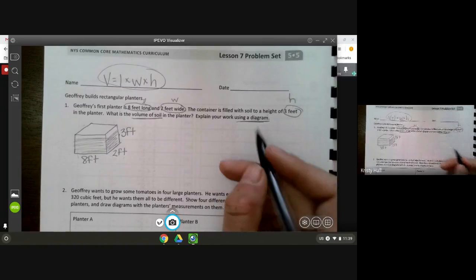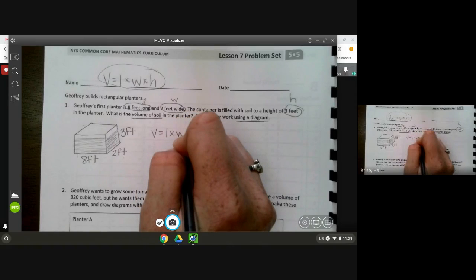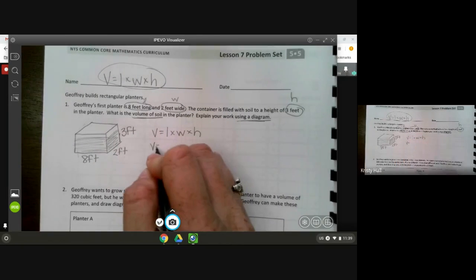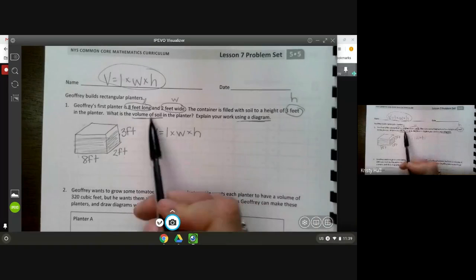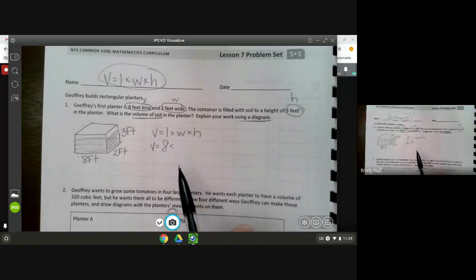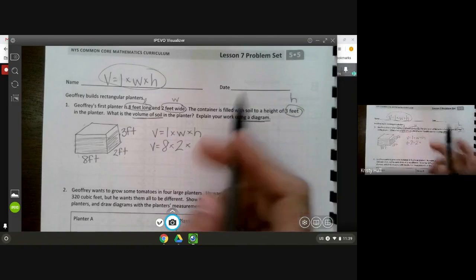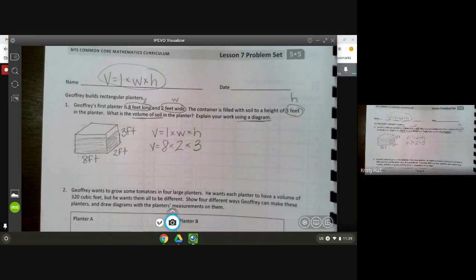So we're going to now show how we solve. So I'm going to rewrite length times width times height. And then I'll fill in each of those measurements. So my length was 8. The width was 2. And the height was 3.